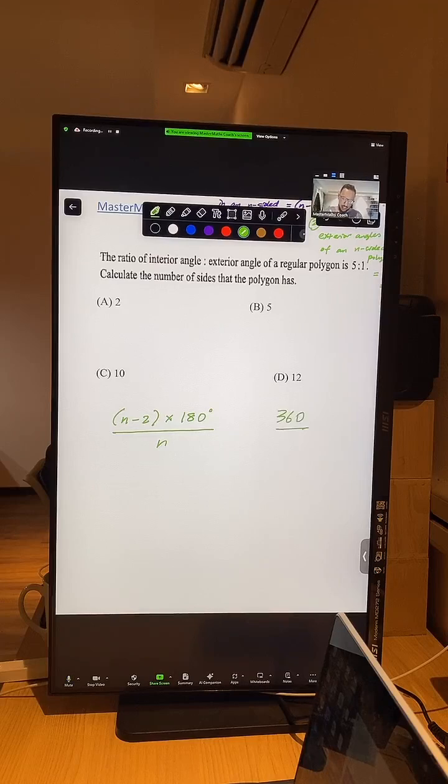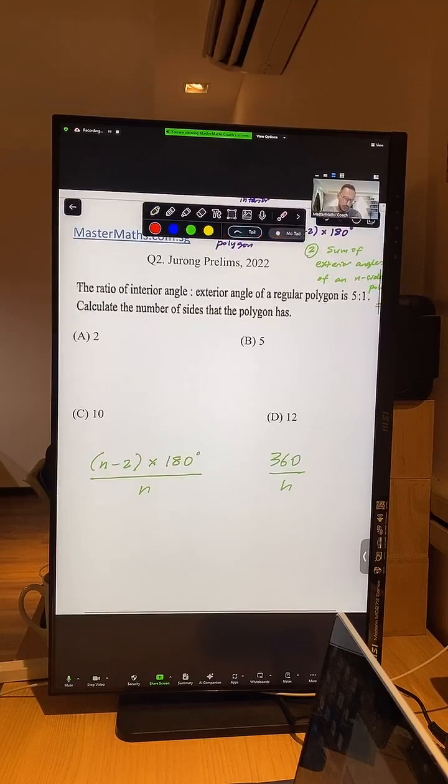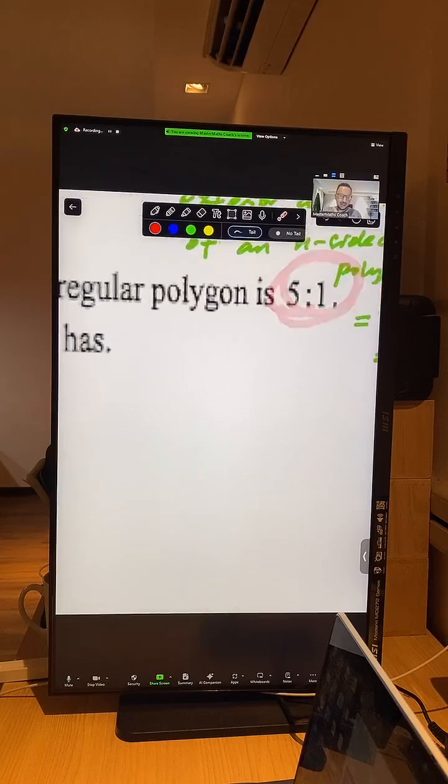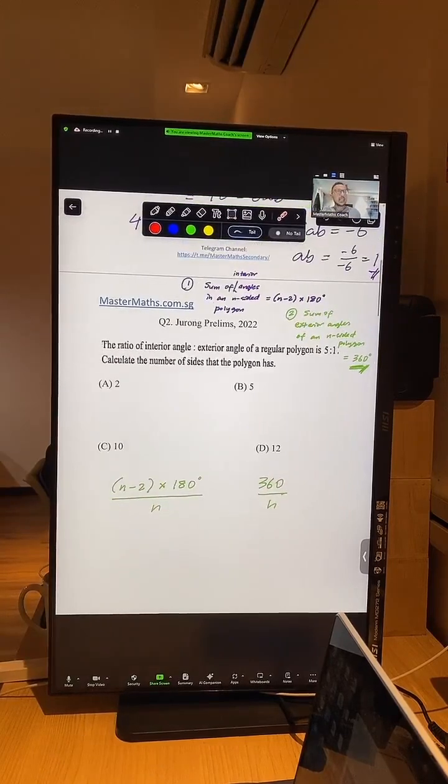Now, which is bigger, the interior angle or the exterior angle? The interior angle is bigger, because it says here that the ratio of an interior angle to the exterior angle of a regular polygon is 5:1. Can you see that? 5:1. Meaning to say, interior is 5 times bigger than exterior.